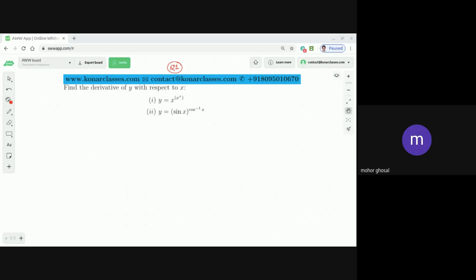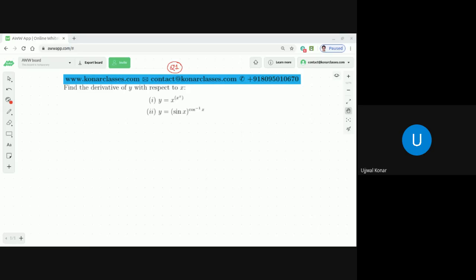Sir, I took y equals to x to the power u, where u equals x to the power x, and then I took log on both sides. Good, right approach. And what's the answer you got? Sir, I don't know, but I got x to the power x minus 1 plus x log x. Okay, we'll see this.